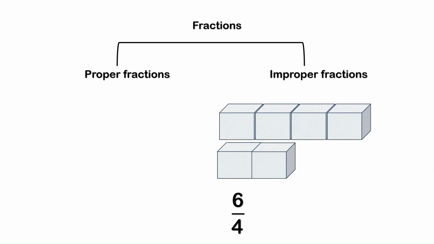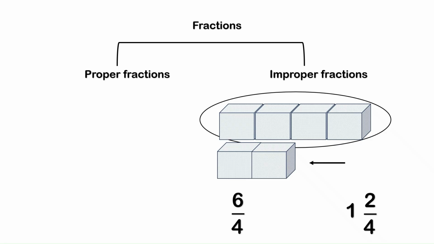Look at this improper fraction. It is 6 upon 4. If you look at these pieces, you'll see that 4 of them make up one whole object because our object was divided into 4 parts. So we can write these 4 parts as the number 1 to represent that whole object. For the remaining 2 parts, we write 2 upon 4. When we put them together, we read it as 1 and 2 upon 4.